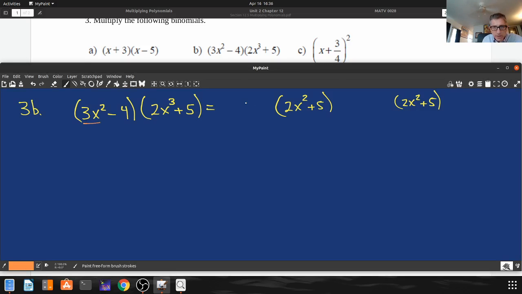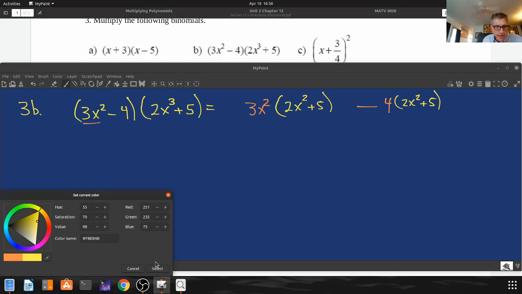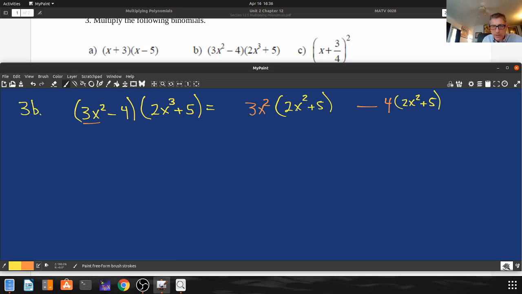First term, 3x squared. Second term, minus 4. Now, 3x squared times 2x squared is 3 times 2 times x squared times x squared. 3x squared times 5 is 3 times 5, which is 15, times x squared. Down here, minus 4 times 2x squared is minus 4 times 2, which is minus 8.